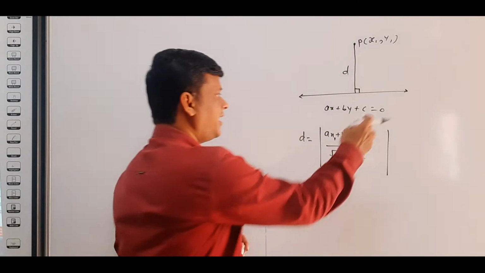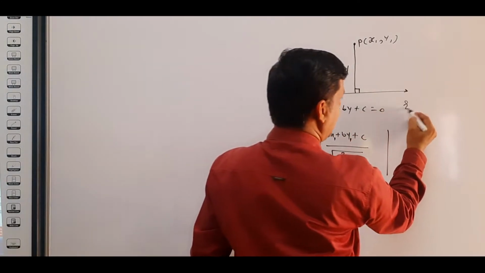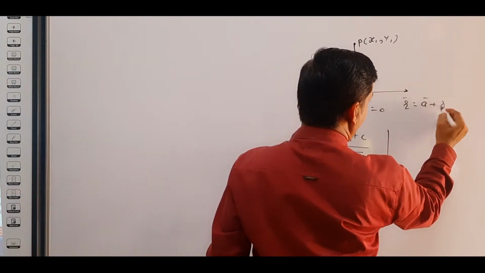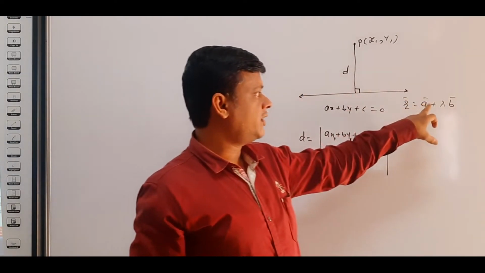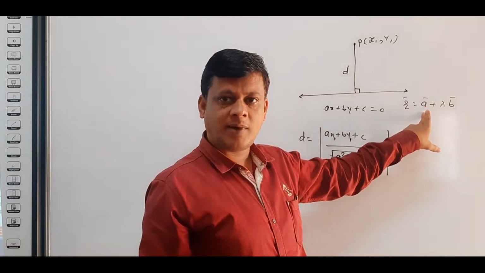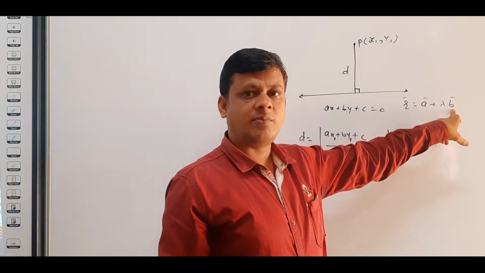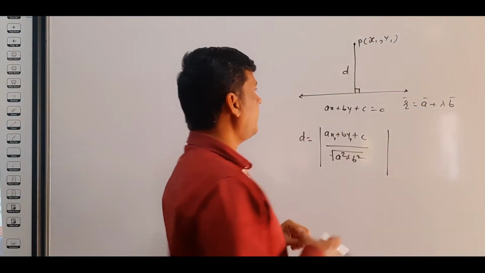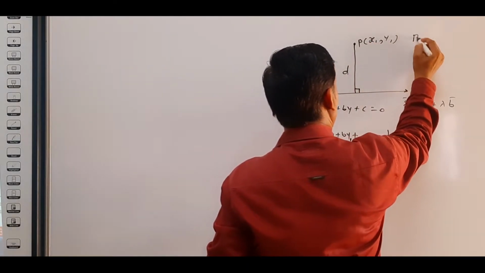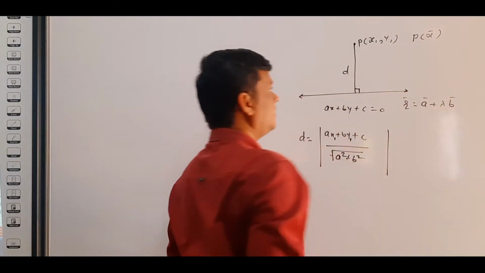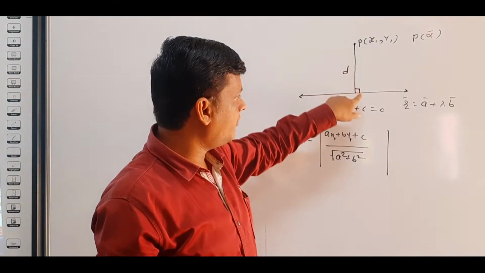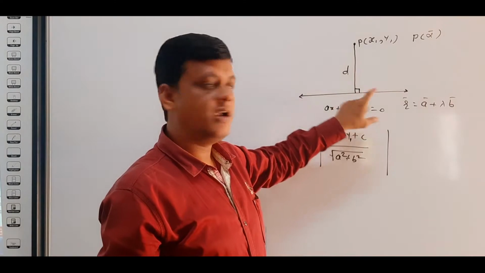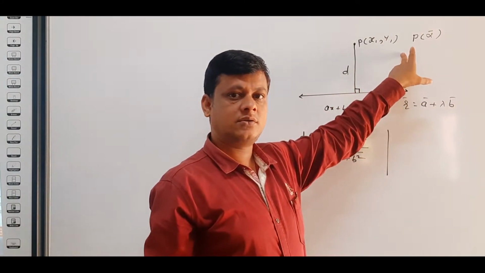So if this line is r bar equals a bar plus lambda b bar, that means this line passes through the point with position vector a bar and is parallel to the vector b bar, and the position vector of this point P is alpha bar. Then we have to find the distance of point P from this line in terms of vectors.